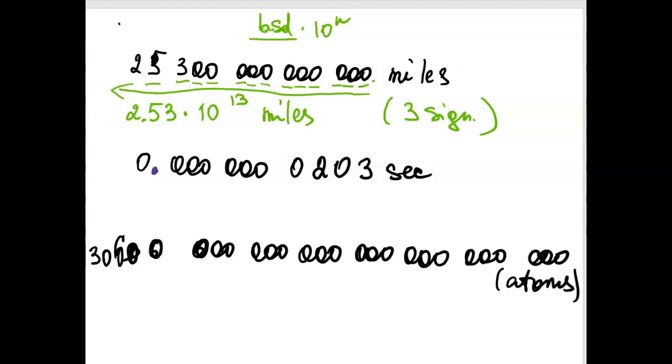Because the rule is saying that this base actually needs to be less than or equal to 10 and more than or equal to 1. So if I move my decimal point here, 1, 2, 3, 4, 5, 6, 7.